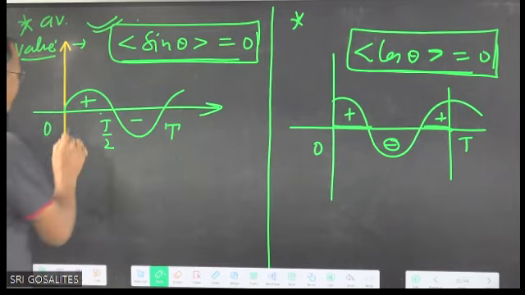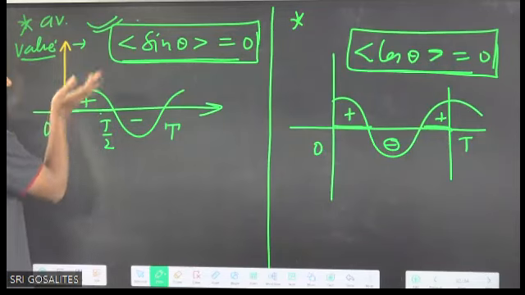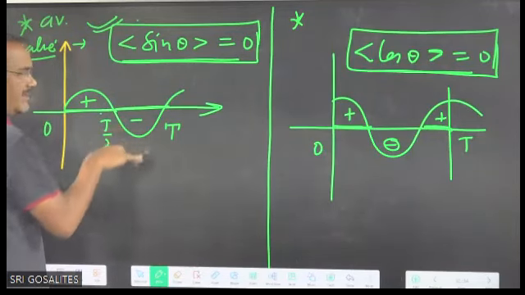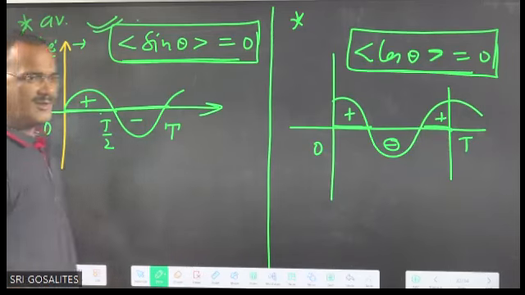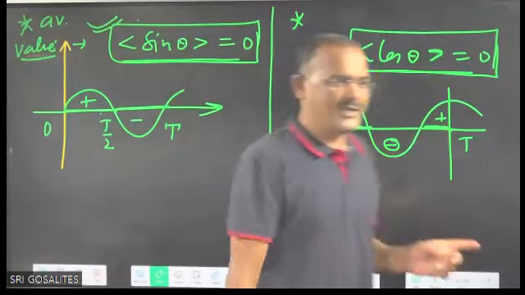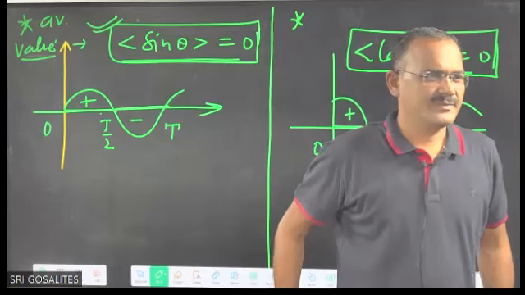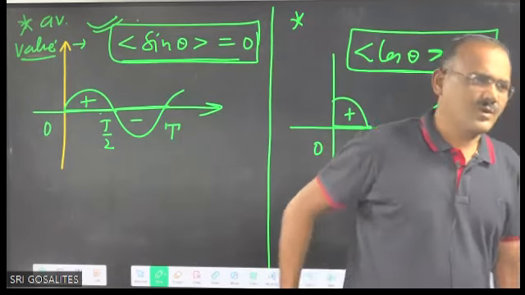It means for half the time sine was positive, upside, and for the remaining time sine was negative. So is that clear to you all? Okay, fine.